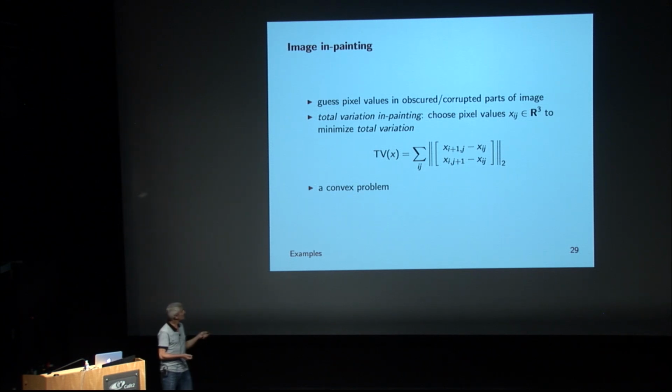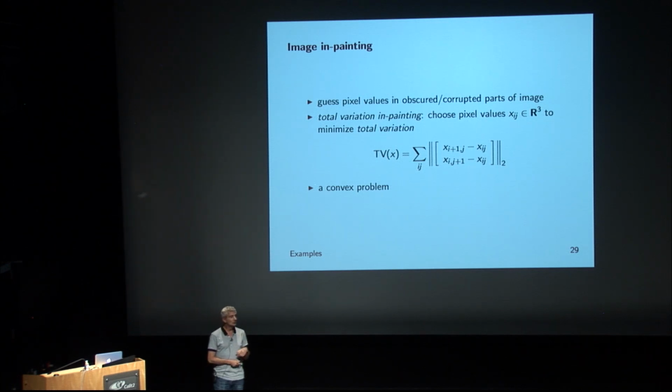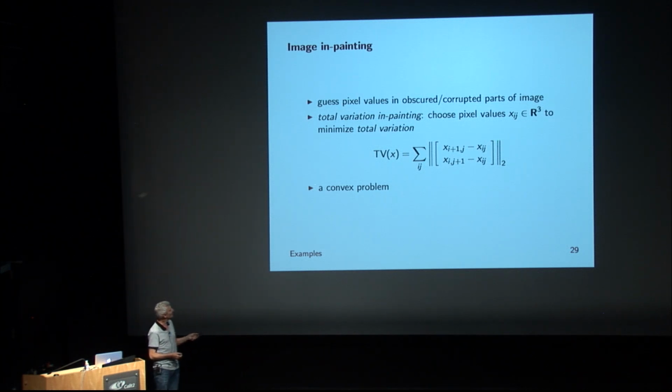By the way, it's extremely important that this does not have a square here. If I minimize the sum of the squares, then I'm back to the 19th century. That's the Laplacian, and that's what we call Laplacian smoothing, and it wouldn't look anywhere near as good. So it's very critical that this should not be squared here. But the point is that's a convex problem.